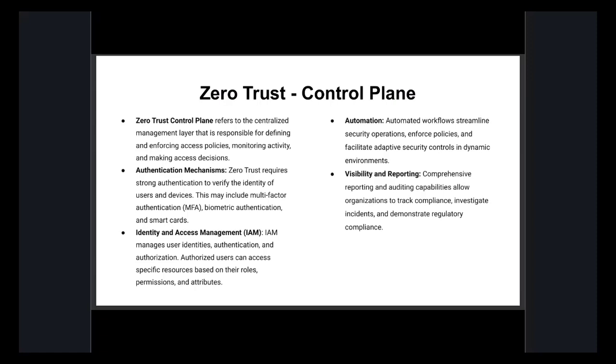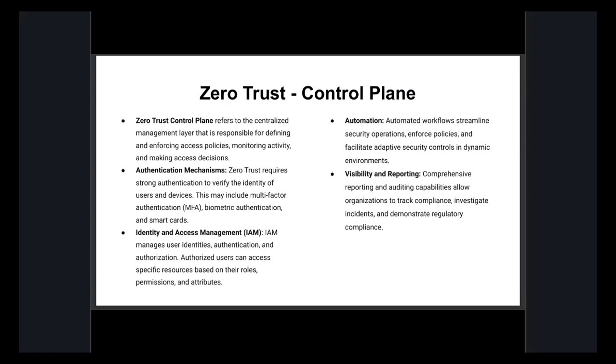Next, we're going to discuss zero trust. And zero trust is a security concept that says that we should always verify the identity of our users and that our data is being sent in an encrypted form across the network. With zero trust, we have two parts. We have the control plane and the data plane.